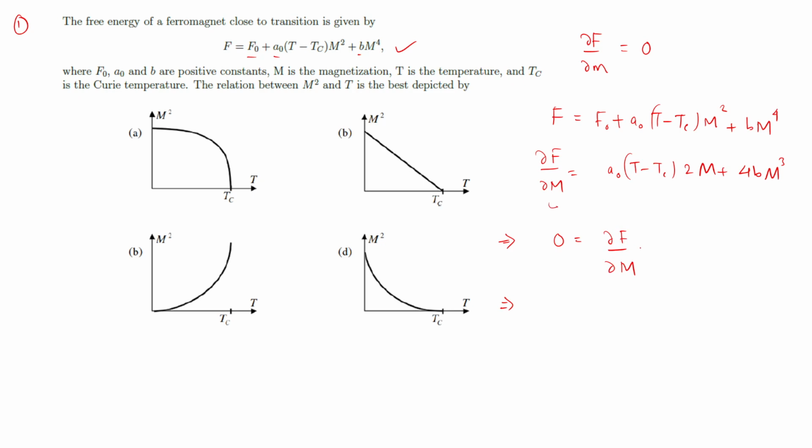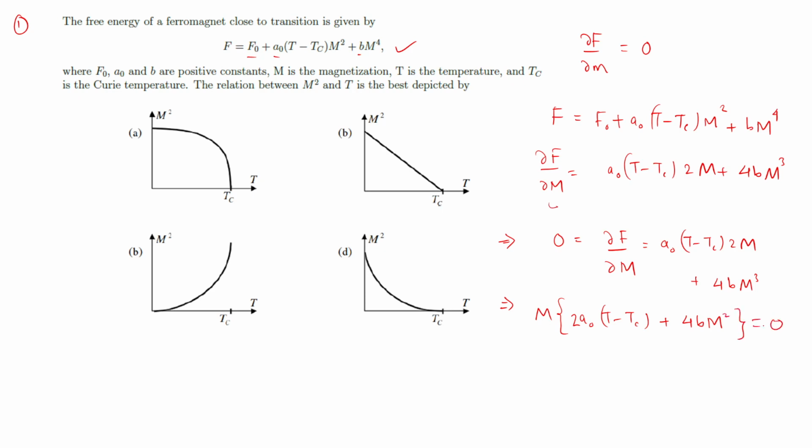So now this thing is A naught (T minus Tc) 2m plus 4bm3. What we can do is take m common. It is m times [A naught (T minus Tc) times 2 plus 4bm square] equal to 0.